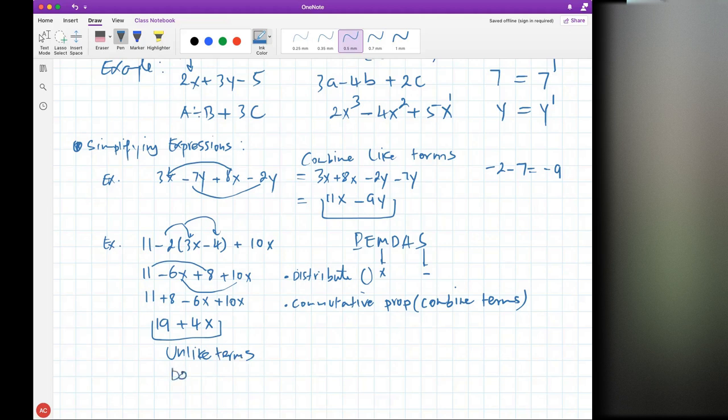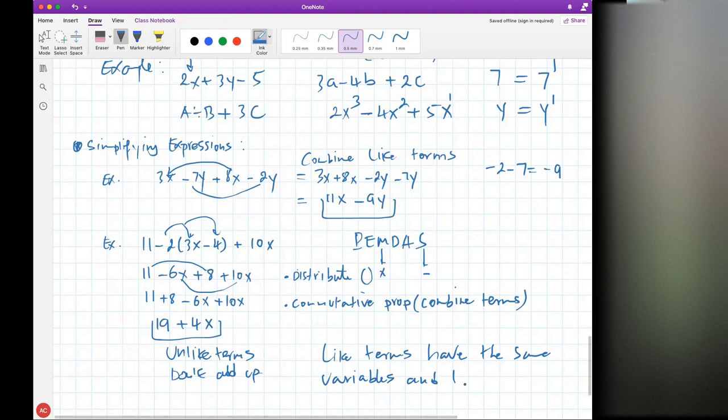Unlike terms don't add up. They're different. You can't do anything else with them. They have to have the same letter and same value. So like terms have the same variables and the same powers.